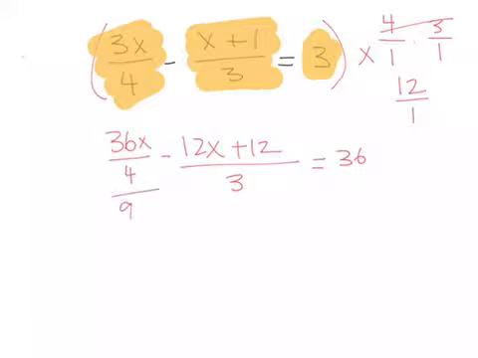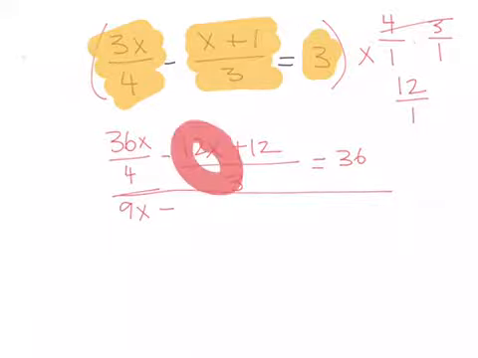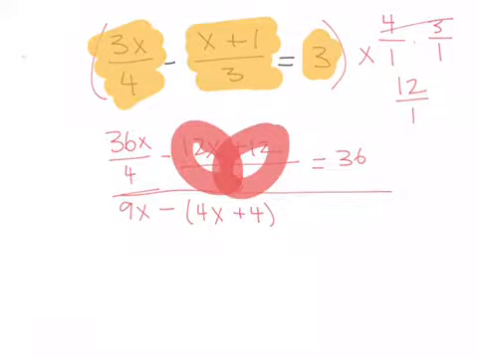36x divided by 4 is 9x minus, right here, we have 12x divided by 3, which is 4x. And again, 12 divided by 3 here is plus 4, and that all equals 36. Now notice I put these in parentheses.